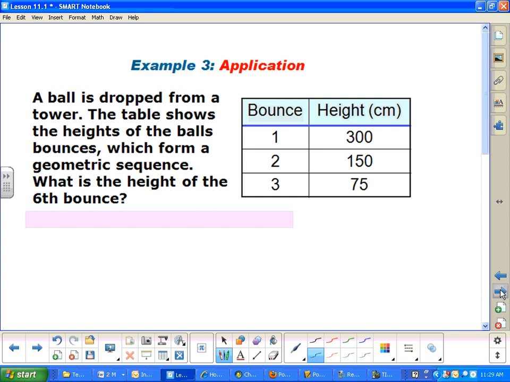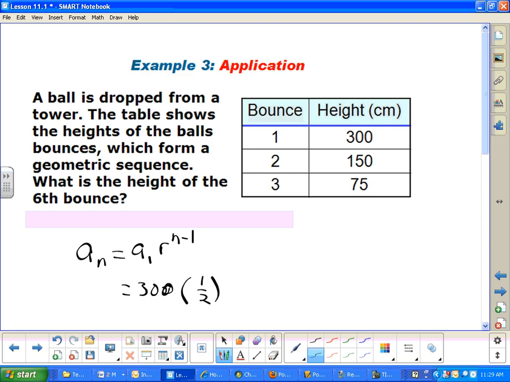So I could use the formula if I wanted to. A sub 1 in this case is 300. My value for r is 1/2 or 0.5. It's up to you.